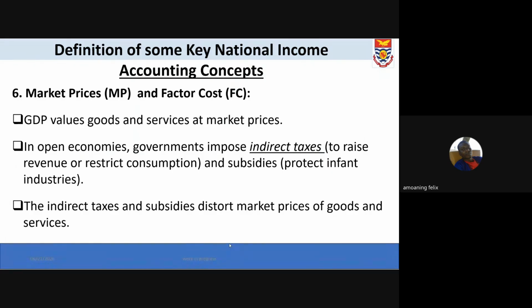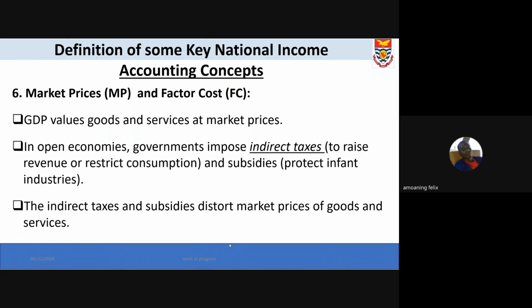So what we are trying to look at is that the government comes into the activity from fiscal policies. We look at fiscal policy from one, government expenditure, where government spends, and then two, where government imposes taxes.